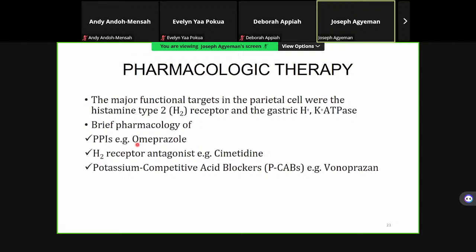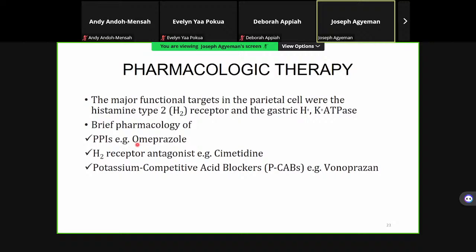In this active state, they can form disulfide bonds with the cysteine residues of the hydrogen potassium ATPase. It is made up of a chain of amino acids, peptides, of which cysteine is one. So the active forms will form a disulfide linkage with the cysteine residues of the peptide.